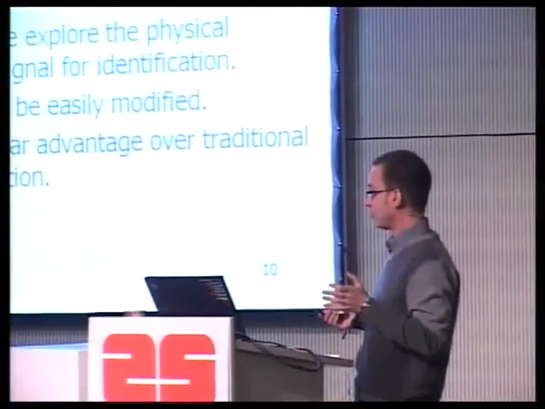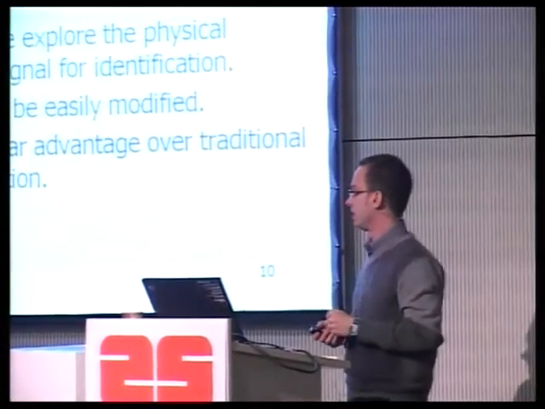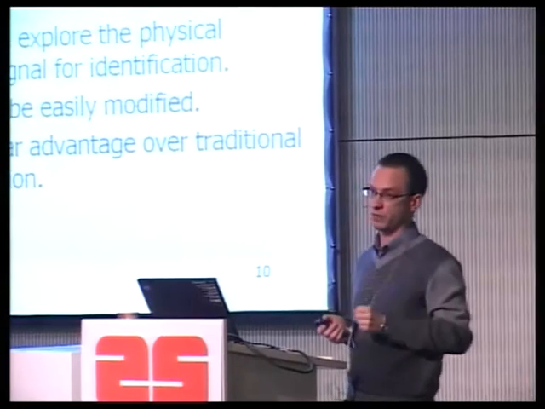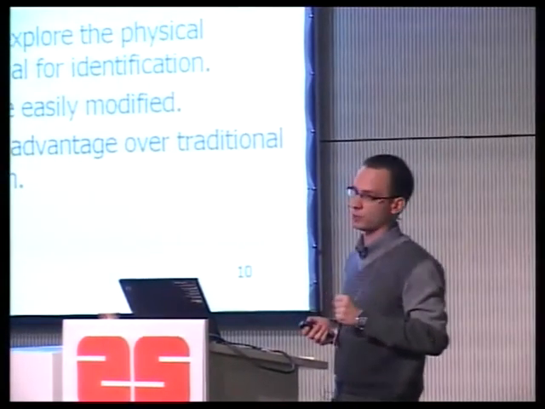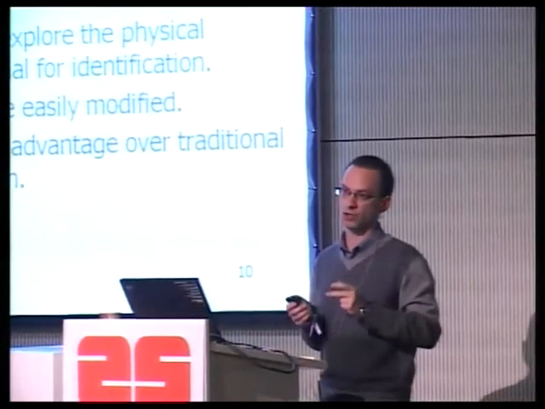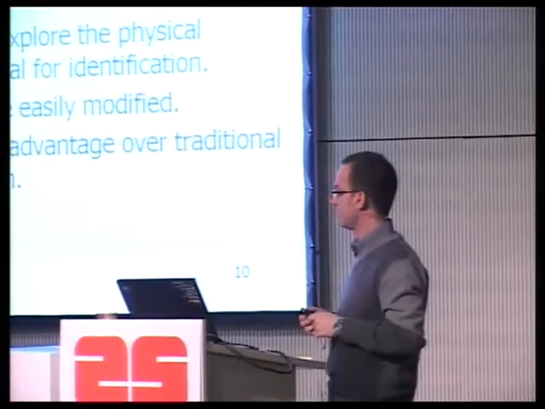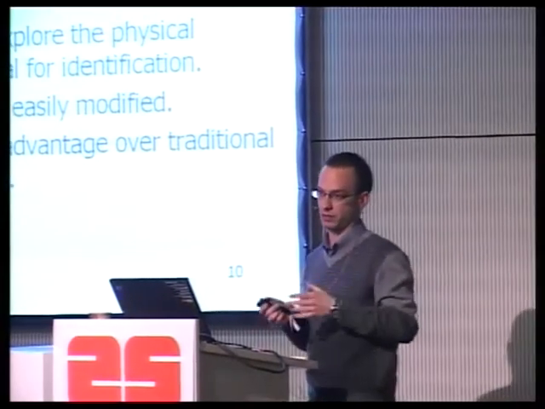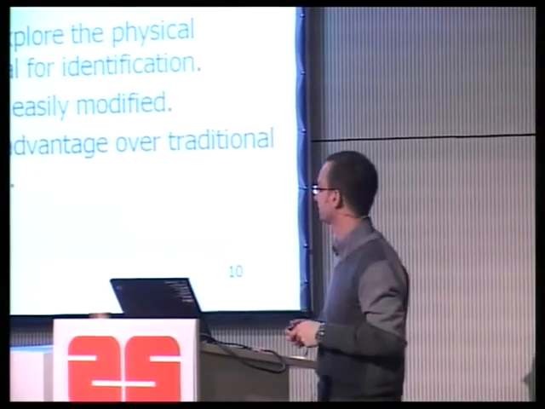That's why we decided to dig into the physical layer and see what can be done there. And usually these characteristics, as I said before, come from hardware imperfections in the device. It's very hard for a manufacturer to make all the devices completely identical so that we cannot distinguish them. It's also like human nature. I mean, we all have different fingerprints, different faces, and so on.